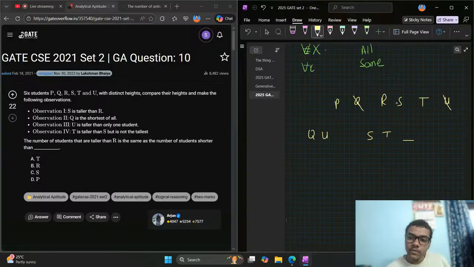Q, U, S, T, R and P. S is taller than R. P is the tallest of all. This is the order. The number of students that are taller than R: 3 students are taller than R.